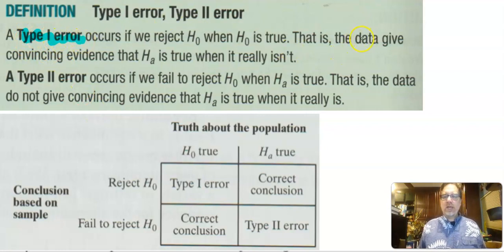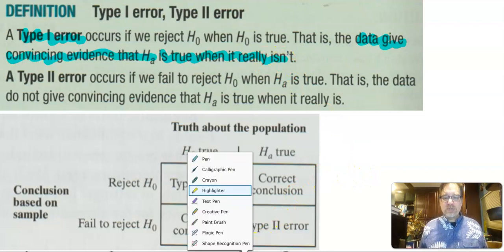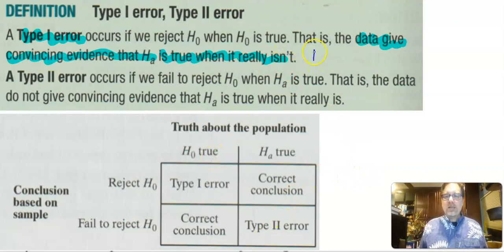So my type 1 error says the data gives convincing evidence that the alternative hypothesis is true when it really isn't. So what this is saying, my p-value is going to be less than alpha, because that leads me to that convincing evidence for the alternative hypothesis. However, this is not what the population shows.